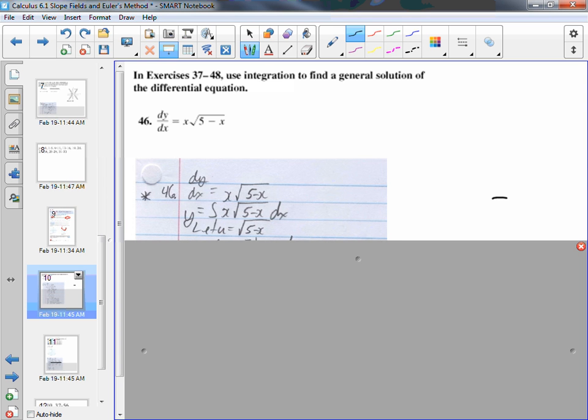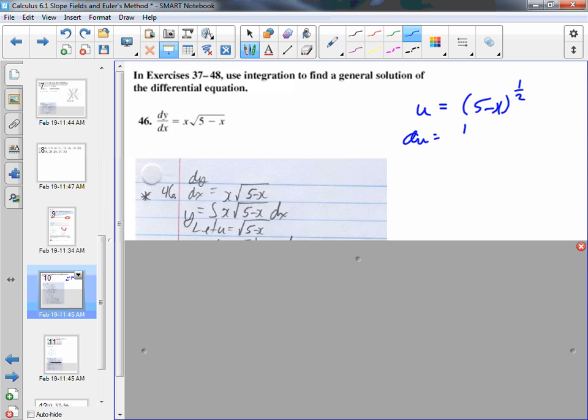If that's the case, what does du equal? Negative. Finally, somebody said the negative. If this is our u, think of that as 5 minus x to the 1/2.